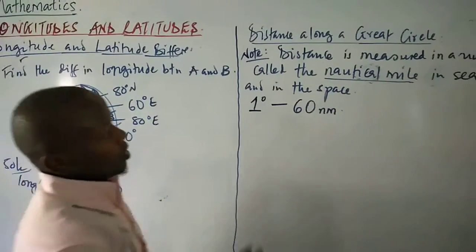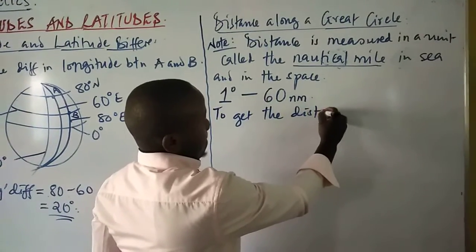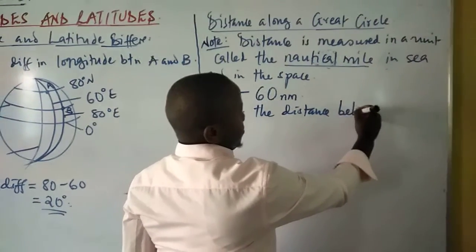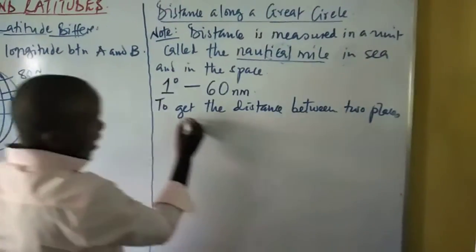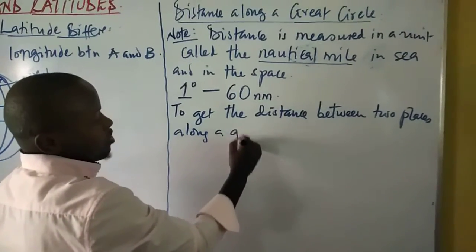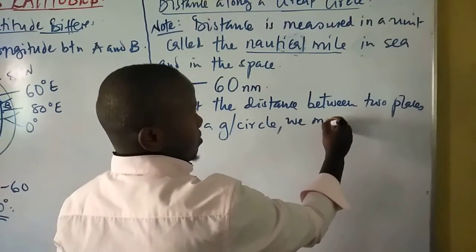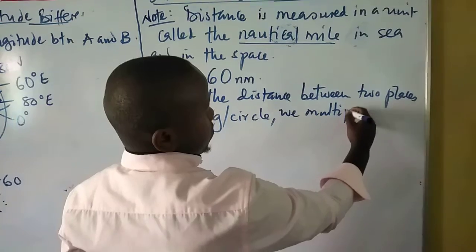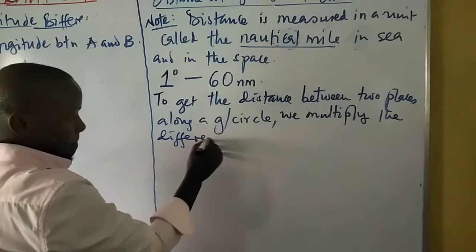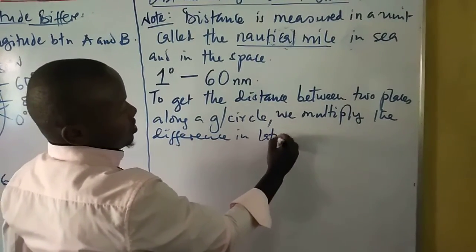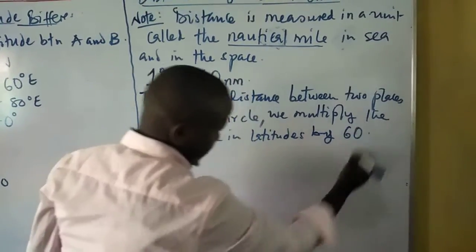And therefore, to get the distance between two places along a great circle, we multiply the difference in latitudes by 60.